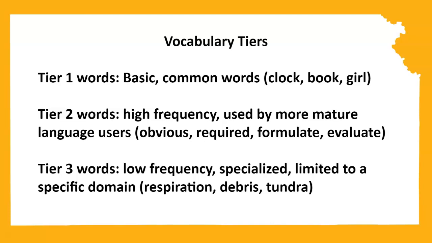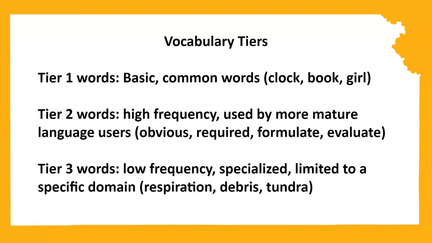Tier 1 words are those common basic words that students are likely to learn through their normal language development over time. These words rarely will need explicit instruction, but sometimes even Tier 1 words need to be explicitly taught to, for example, more at-risk readers, or ELs.